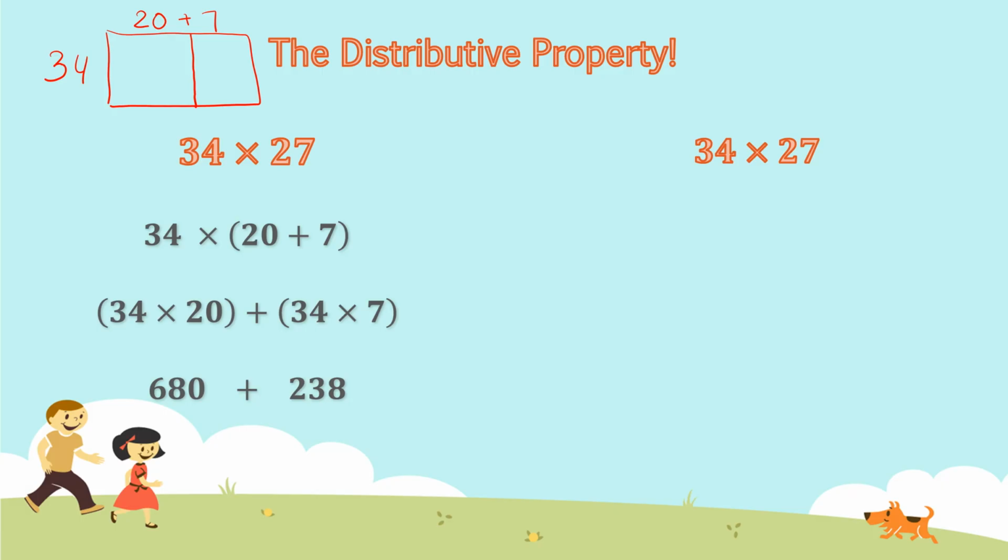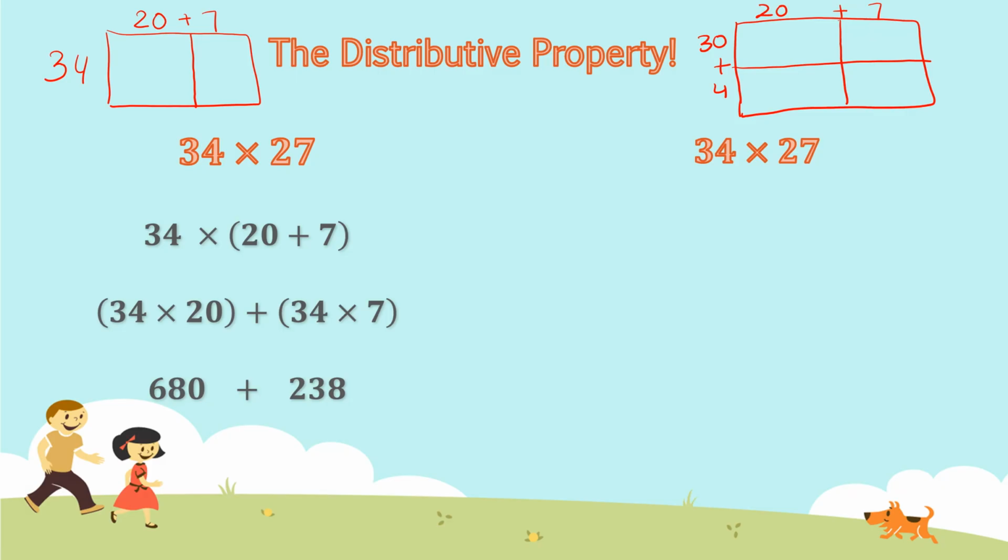Now, the same problem, but what if we see 34 as 30 and 4, and 27 as 20 and 7, then we would have 4 different rectangles, right? 4 different things.